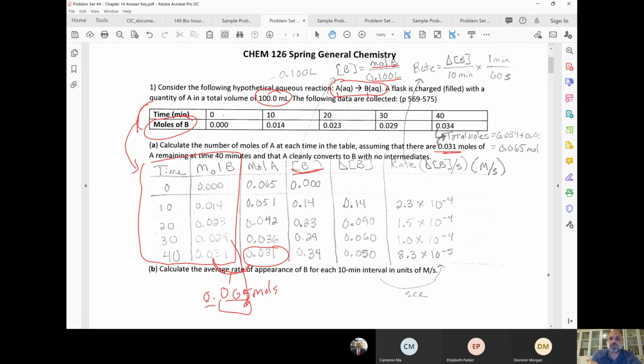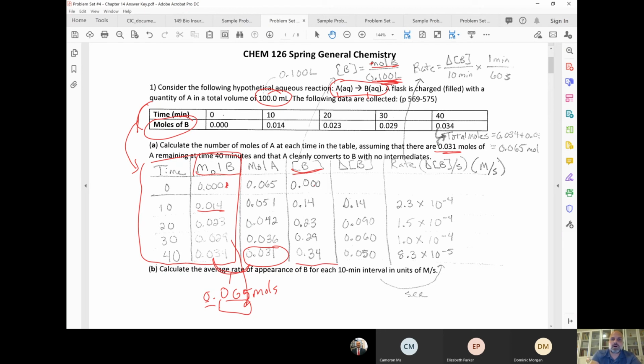So all we do is plug in the number of moles of B. We take column B, plug the moles in up above and solve for the concentration of B. 0 divided by 0.1 is equal to 0. 0.014 divided by the 0.1 gives us 0.14. Then 0.23. All you're doing is basically moving the decimal over by one place because you're dividing by 0.1. So you get your concentrations of B.